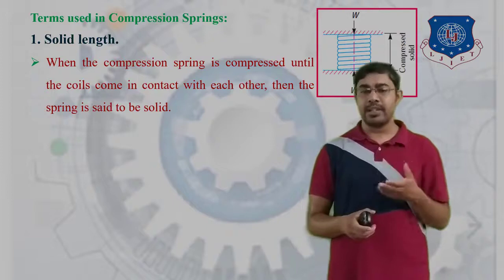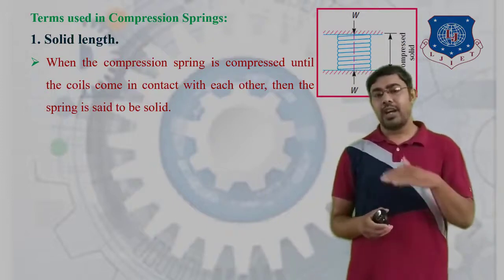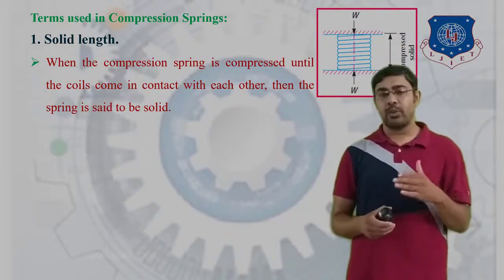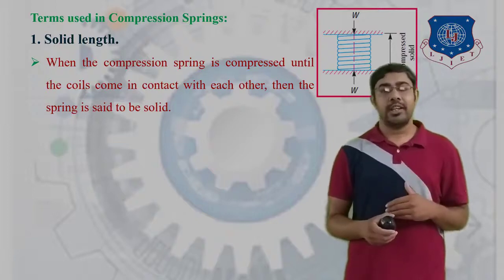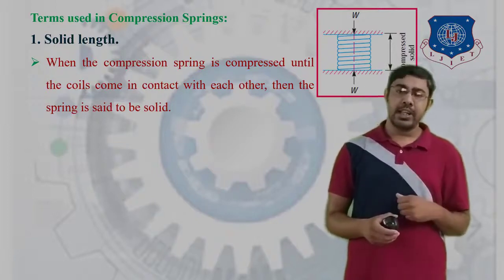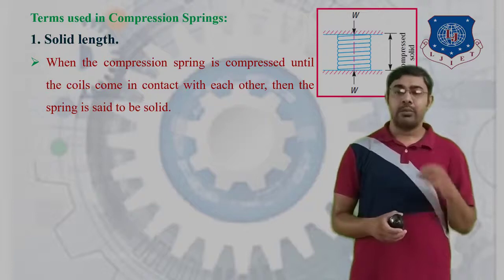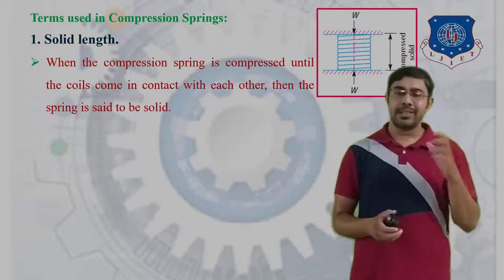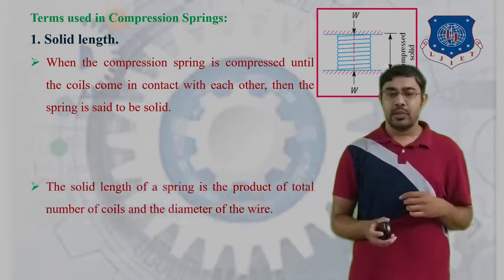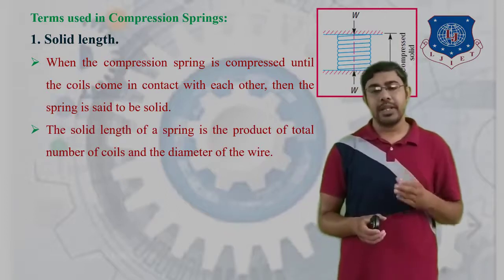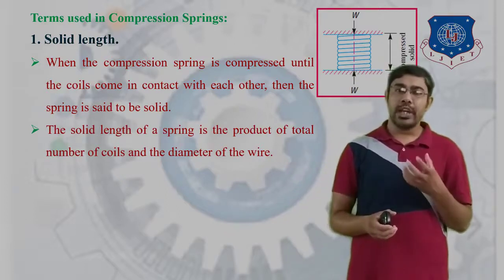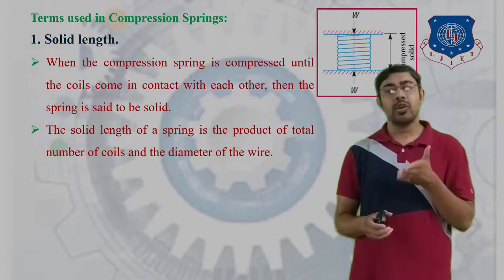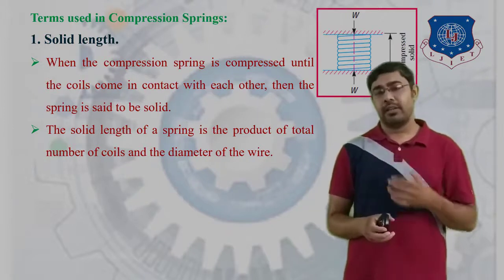So when the compression spring is compressed until the coils come into contact with each other, then the spring is said to be solid, and whatever the length of this spring is known as the solid length. The solid length of this spring is the product of the total number of coils and the diameter of wire.